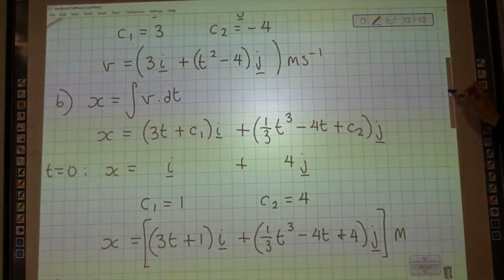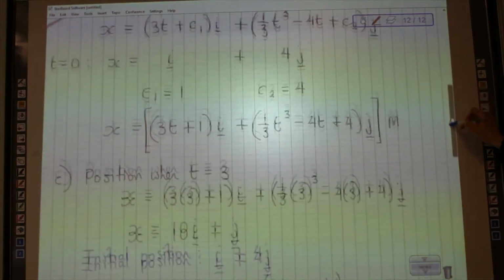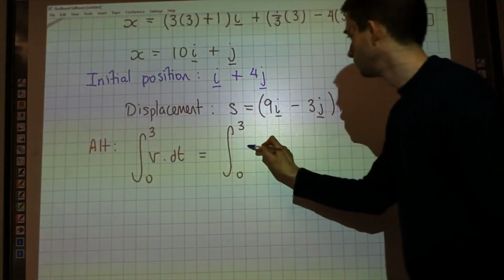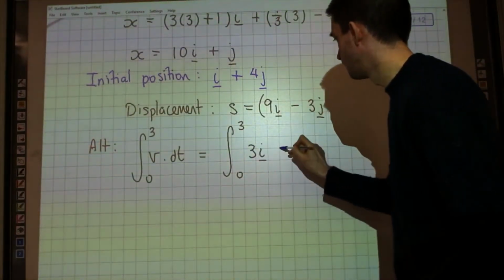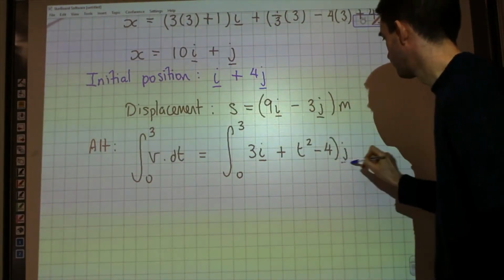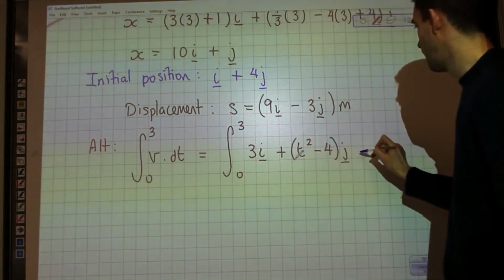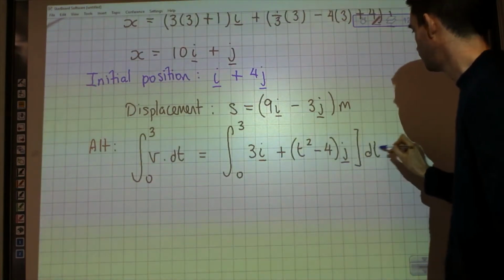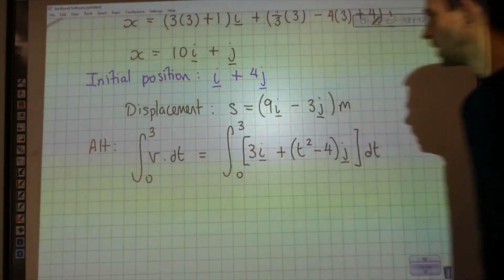was 3i plus t squared minus 4j. So 3i plus t squared minus 4j, and we're doing that with respect to t.